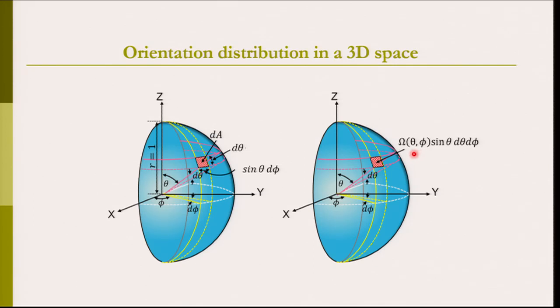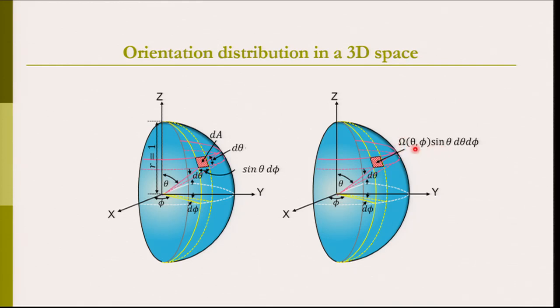Here theta is the polar angle or out of plane orientation angle, and phi is the in plane orientation angle. In this case, omega theta phi sin theta represents the proportion of fibers, or the relative frequency of fibers, covering the whole sphere.